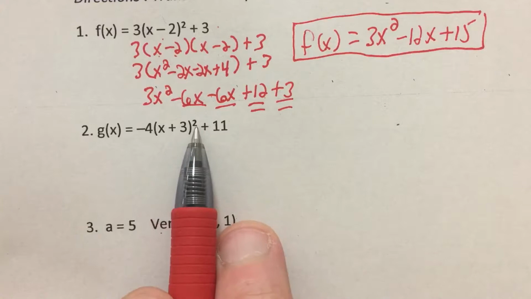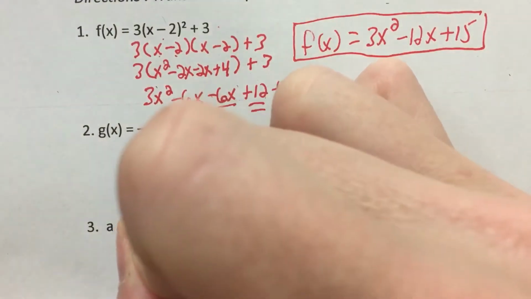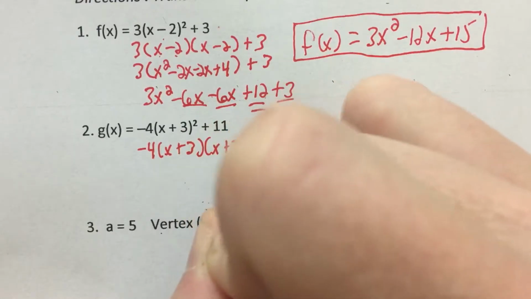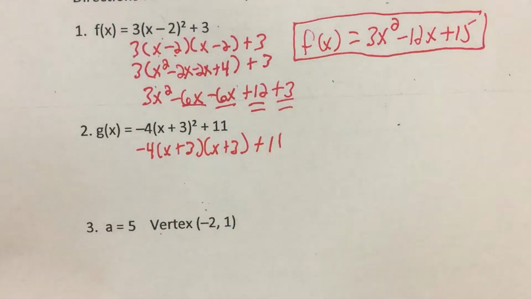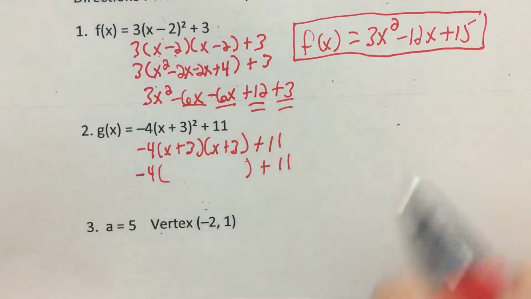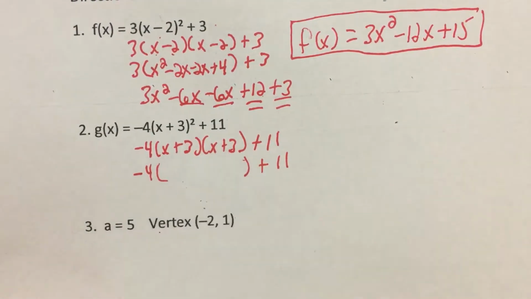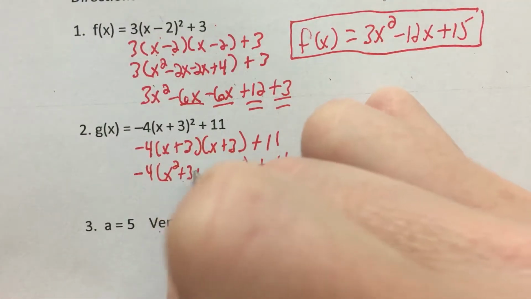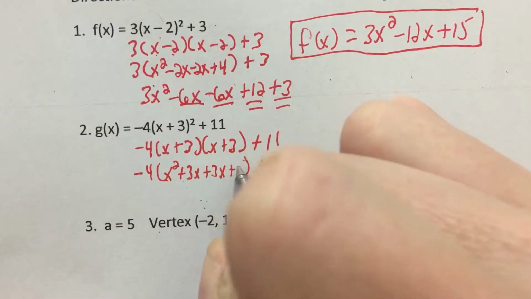X plus 3 squared is the binomial. So the first thing we're going to do is write that twice. We need one big parentheses now where we can multiply x plus 3 times x plus 3, and we would get x squared plus 3x plus 3x plus 9.